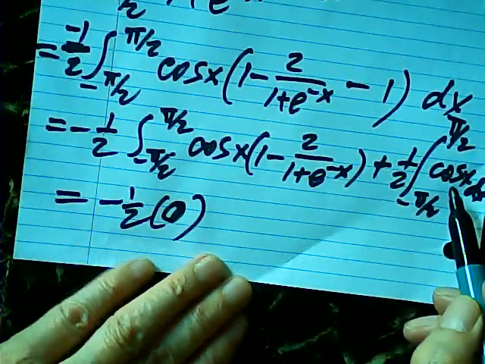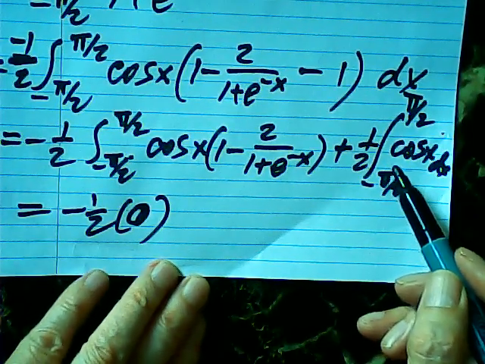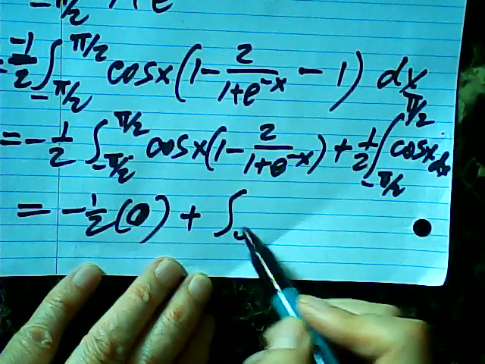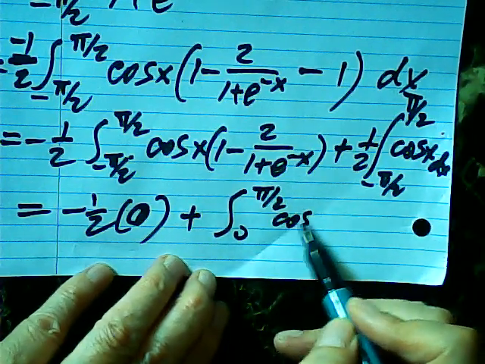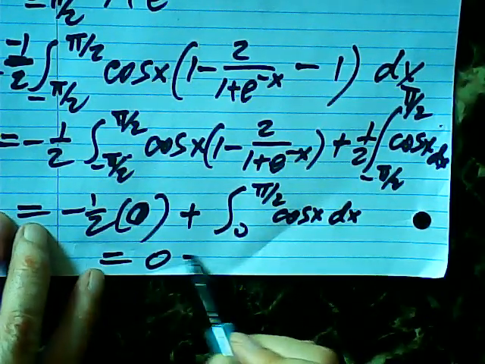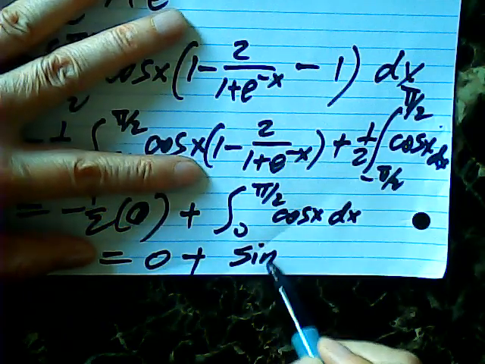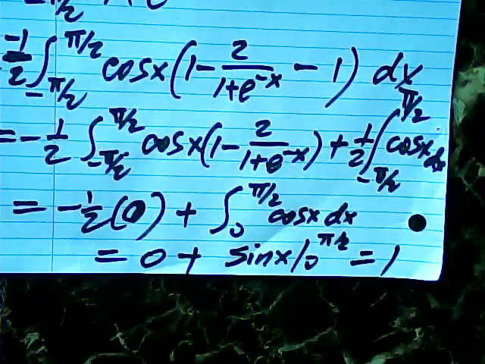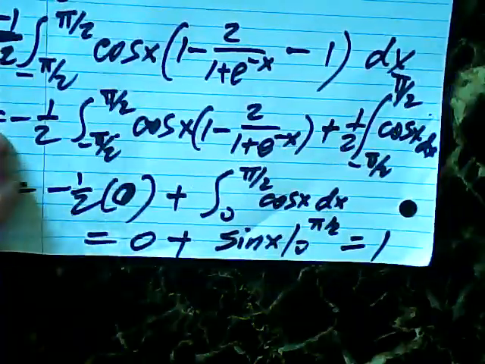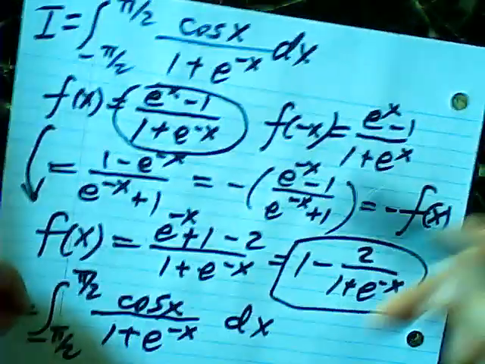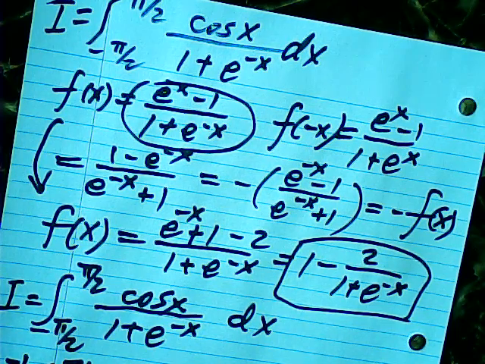So this one, cosine x is even. So it becomes twice the integral from 0 to half pi of cosine x dx. Yeah, that one is equal to 0 plus sine x from 0 to half pi. So the result is 1. The same result. This is method 3. Now, excuse me for being a little messy, right? But you can trace easily back. But I believe that the method is very good.